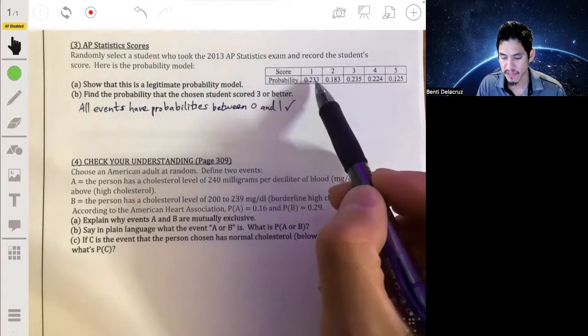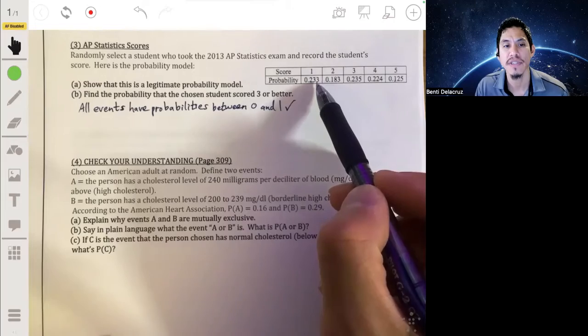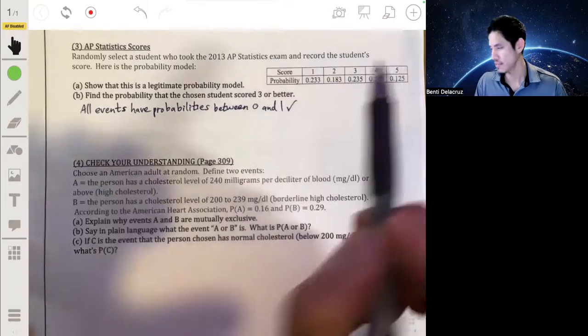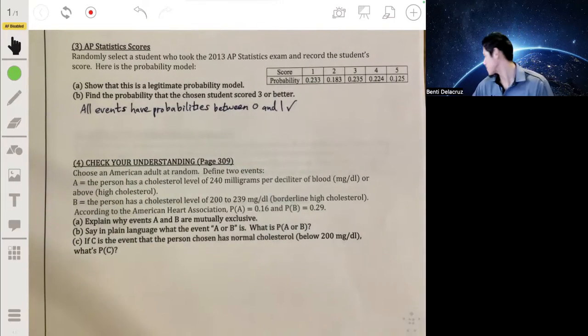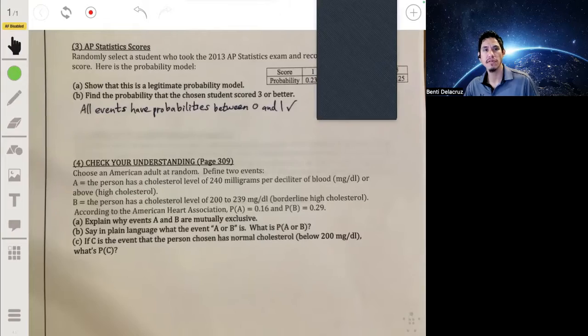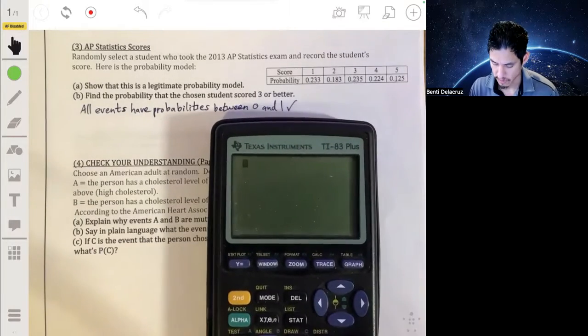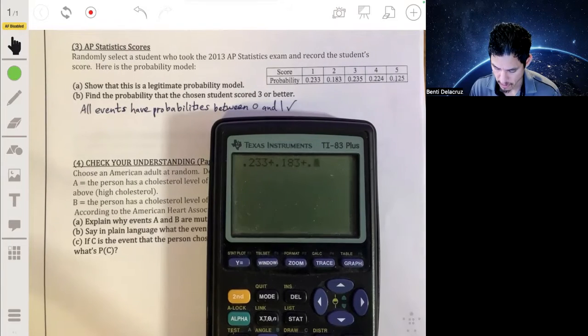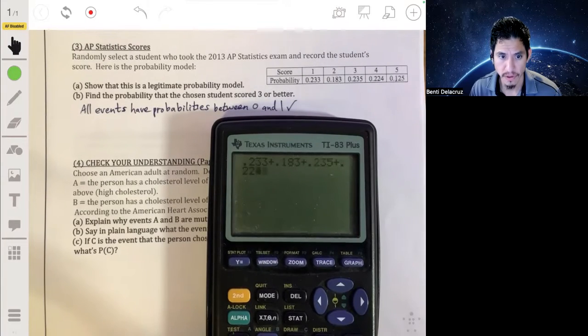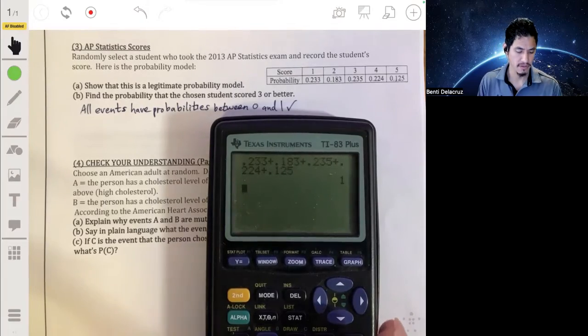And then the other thing we have to check is that the total sum of the probabilities adds up to 1. So for that, let's crank out our calculator. 0.233 plus 0.183 plus 0.235 plus 0.224 plus 0.125 equals 1.